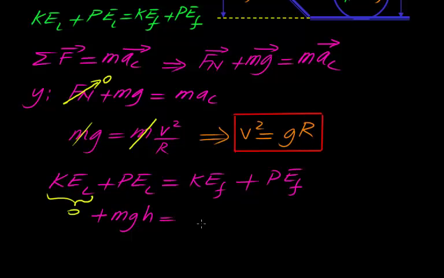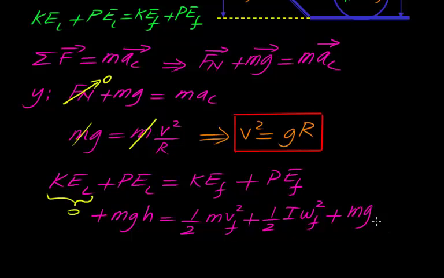The kinetic final is in two forms: the translational kinetic energy, 1/2 m v final squared, plus 1/2 I omega final squared, plus the potential energy final, which is mg times the diameter of the loop, which is 2 times R.